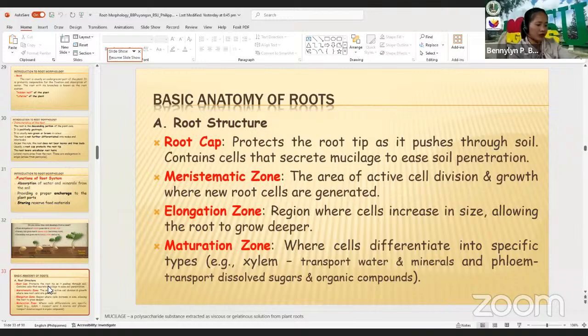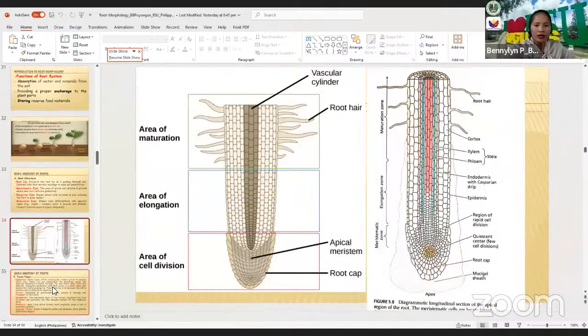For lesson 2, we'll be discussing the root structure and the tissue types. For the root structure, we have the root cap, meristematic zone, elongation zone, and the maturation zone. The root cap protects the root tip as it pushes through the soil. Let's take a look at the illustration here.